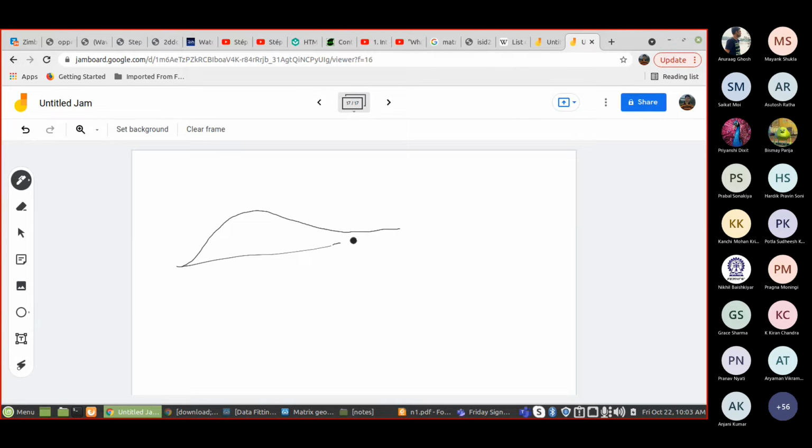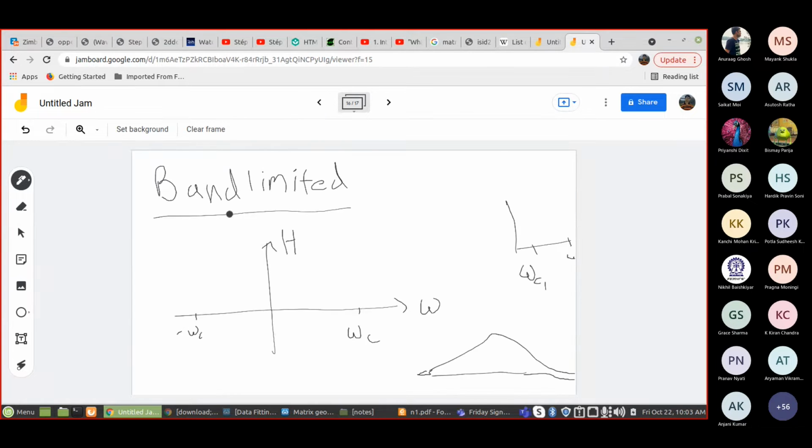It does not become zero; asymptotically, it approaches zero. It may be finite on the left hand side or vice versa, but the spectrum itself does not become zero over a finite interval. So this is not band limited. So band limited means non-zero only over a finite interval of frequency.